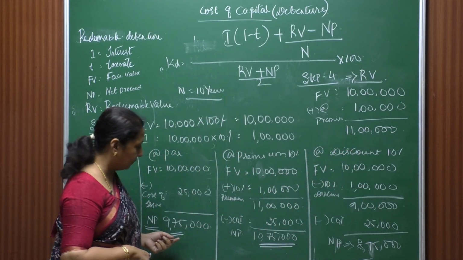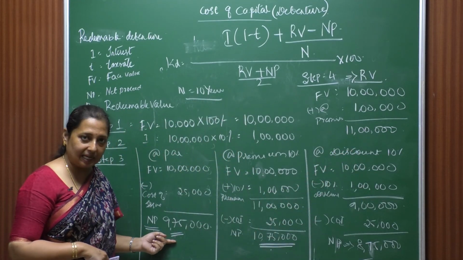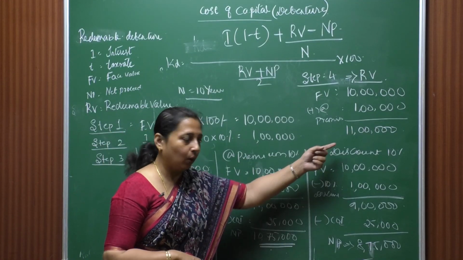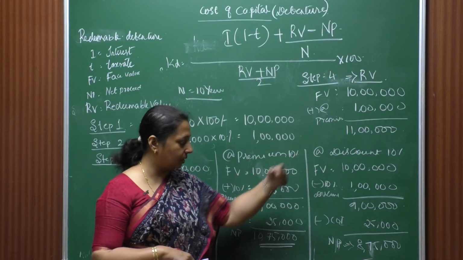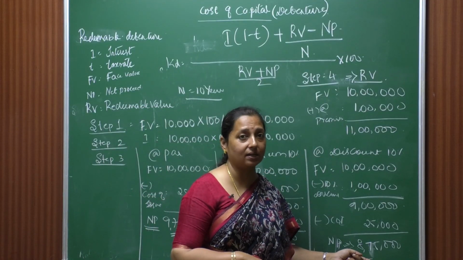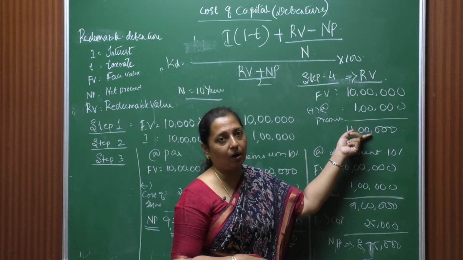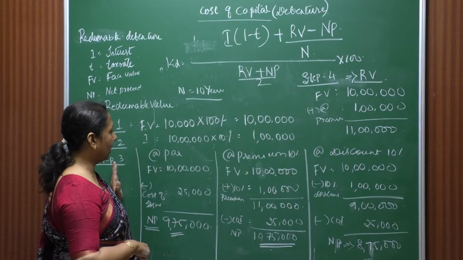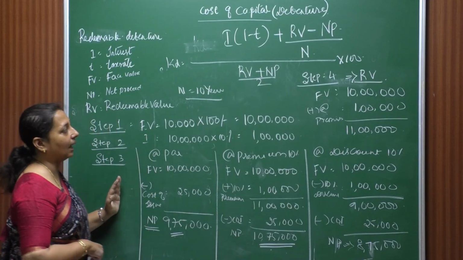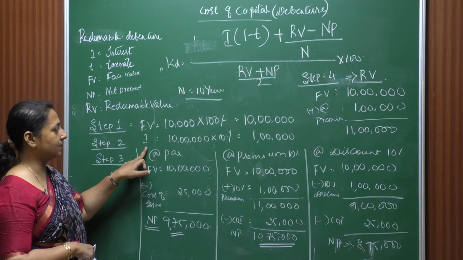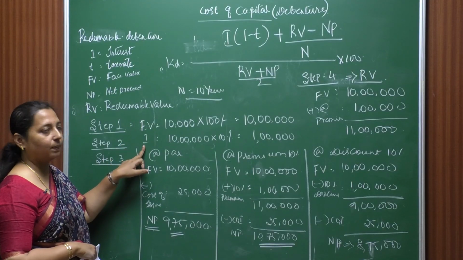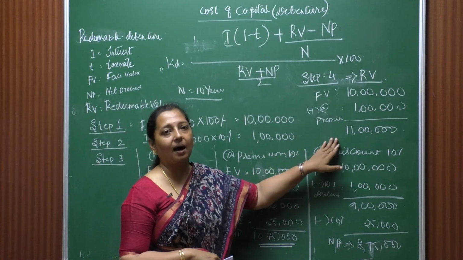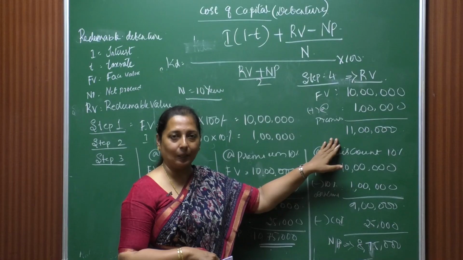While issuing at par, I will be issuing at 9,75,000, at a premium 10,75,000, and at a discount 8,75,000, and I will be redeeming at a premium of 11 lakh. So, this is how you need to calculate. First step is face value, second step is interest, third step is calculation of net proceeds, fourth step is to calculate RV, that is the redeemable value.